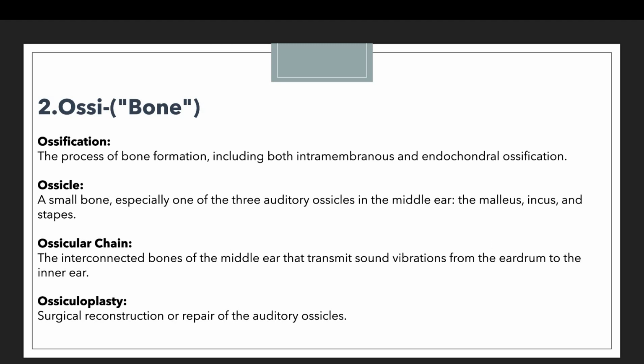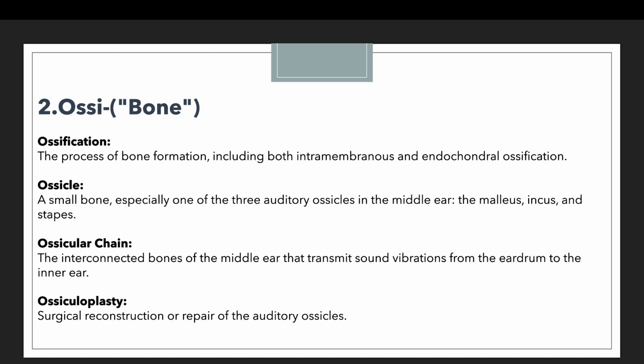Then we have the next example, which is ossicular chain. What is the ossicular chain? The interconnected bones of the middle ear that transmit sound vibrations from the eardrum to the inner ear. So this we denote with the terminology ossicular chain. Similarly, the fourth example is ossiculoplasty.